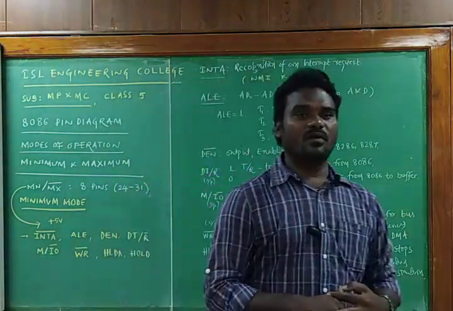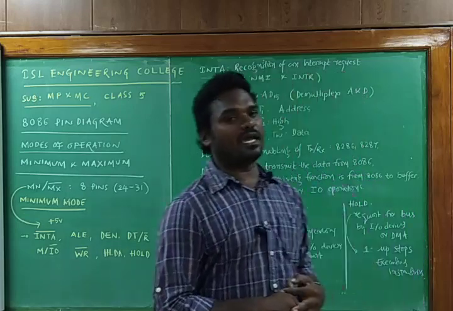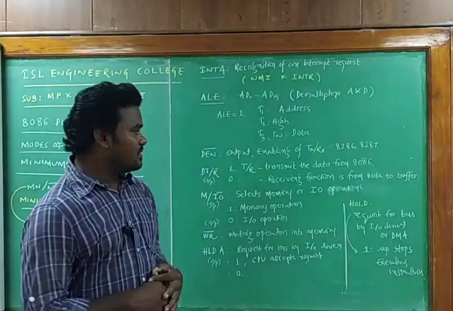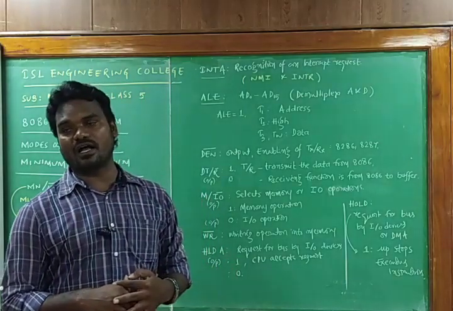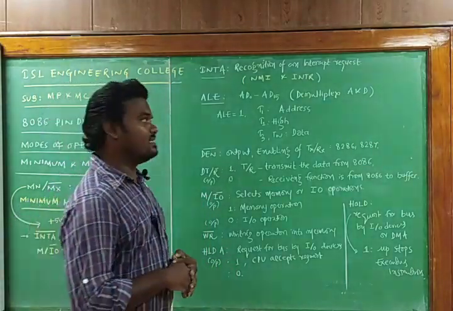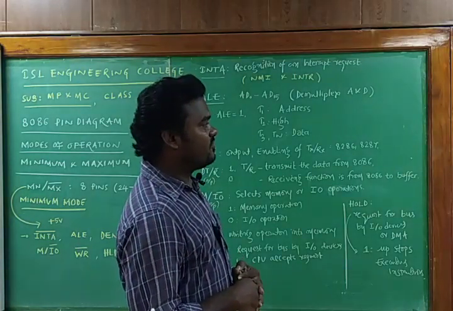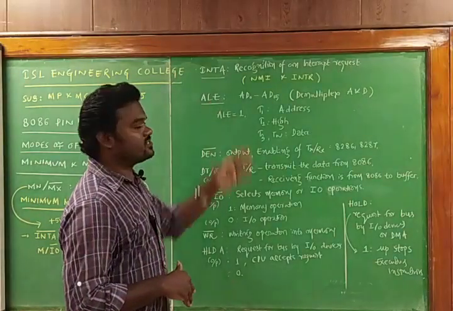That means during one specific time interval, the same bus carries the address information, and during another clock pulse, the same bus carries the data information. Whether the bus carries address or data is determined by the pin called address latch enable.